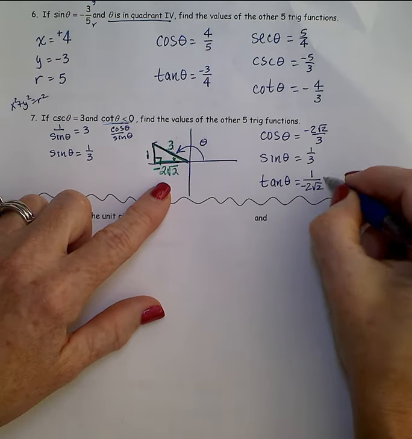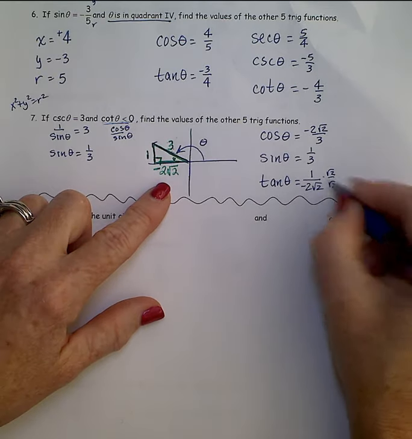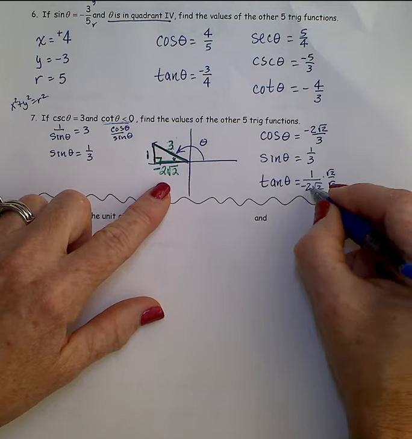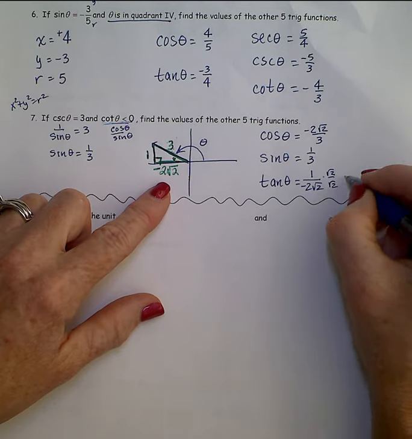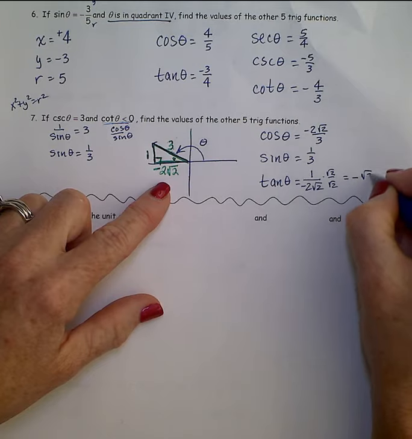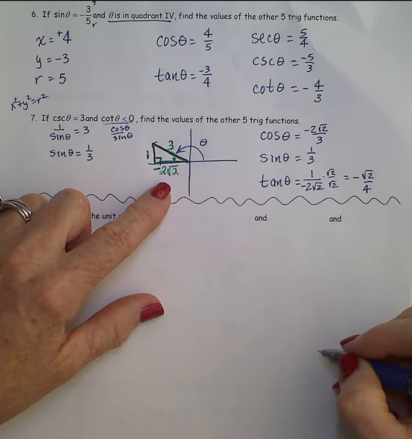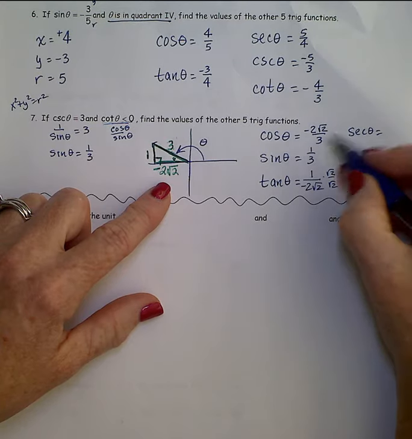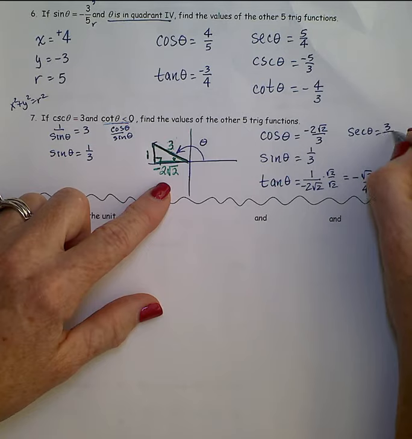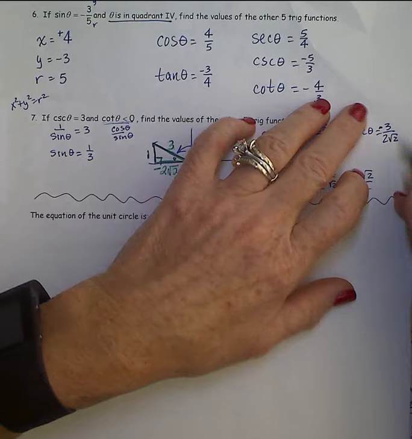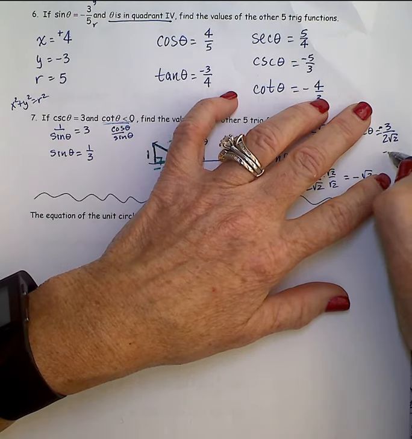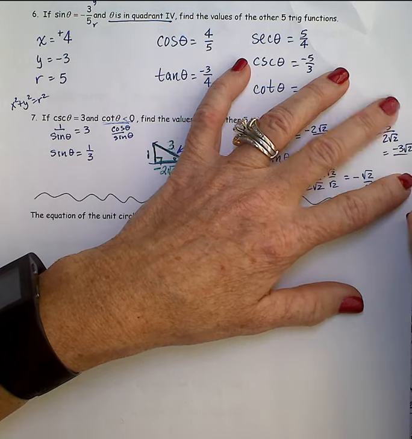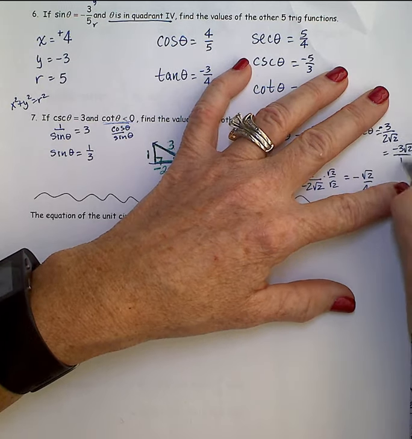If I rationalize, that's going to give me square root 2 over 4, but it's negative. Secant theta, flip cosine over, 3 over 2 square root 2. I'm not losing my negative here. Rationalize, and we're going to get negative 3 square root 2 over 4.